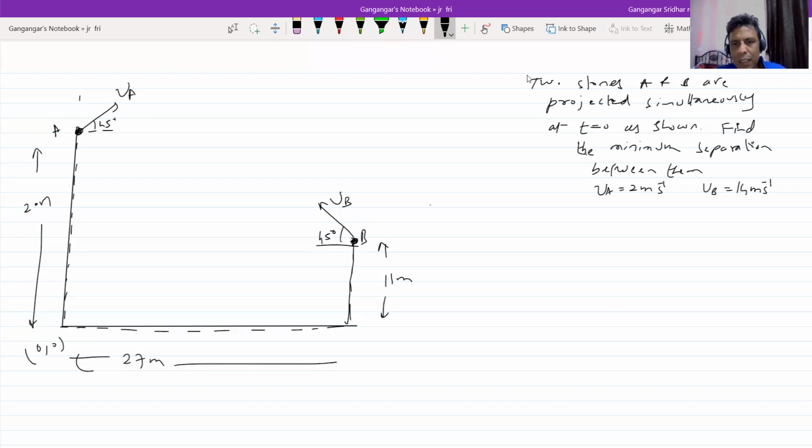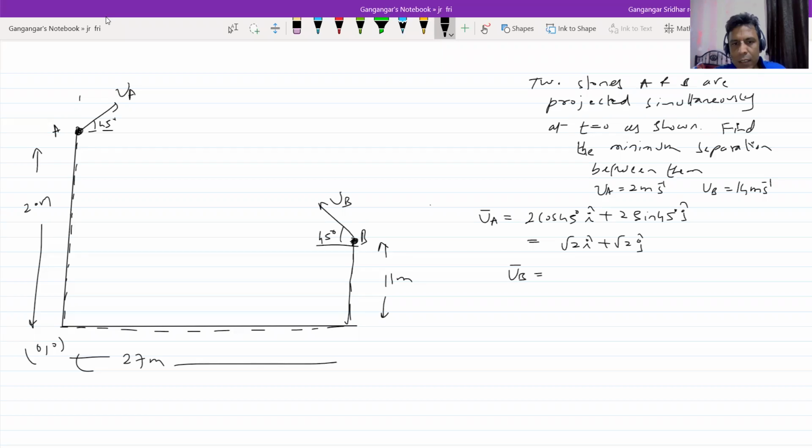So first you define the velocity vector, UA bar. What is UA bar? 2 cos 45 I cap plus 2 sine 45 degrees j cap. This will be root 2 I cap plus root 2 j cap.